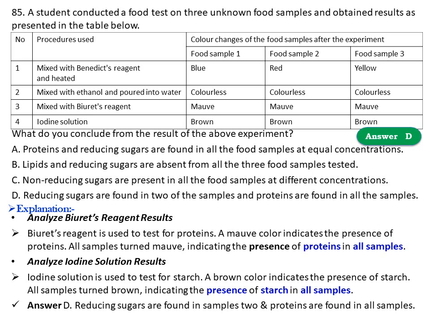When analyzing the iodine solution, all samples turned brown, which indicates the presence of starch in all samples. So the answer is that reducing sugar is found in sample 2 and protein is found in all samples of the given food.